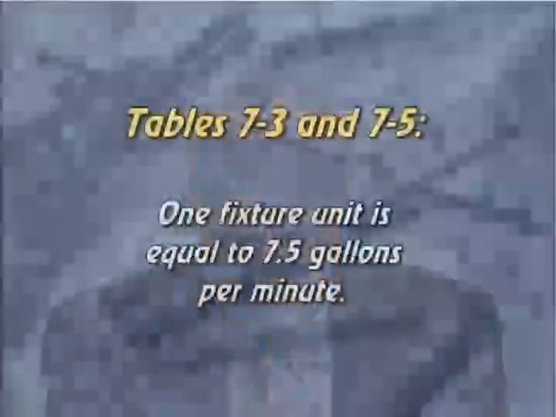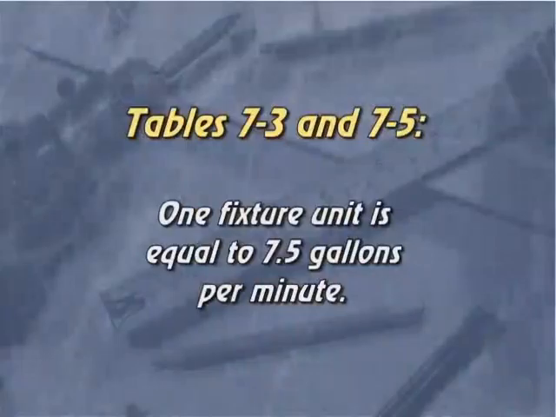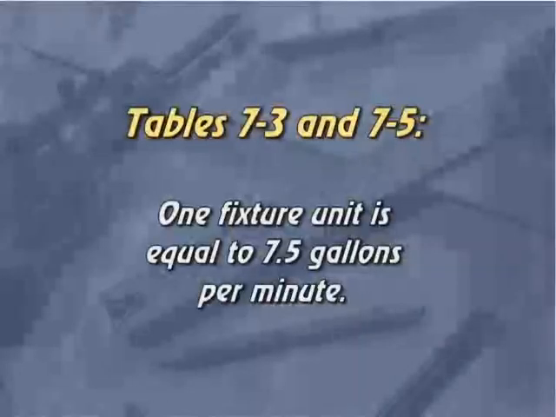Now let's look at tables 7.3 and 7.5. You'll find those tables actually on the next page or two here, but I first want to go through the paragraph a little bit with you. If you go down a couple sentences, it begins, one fixture unit is equal to 7.5 gallons per minute.